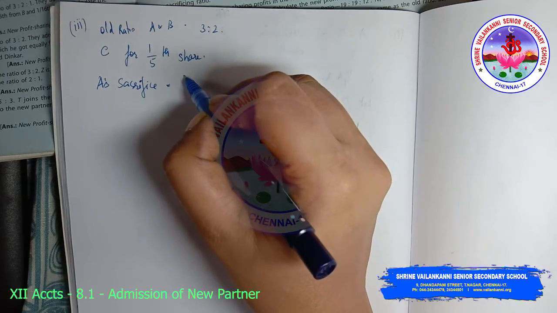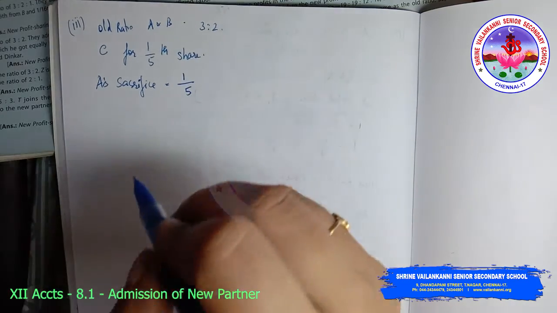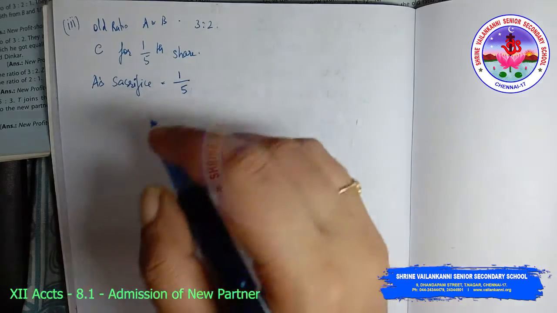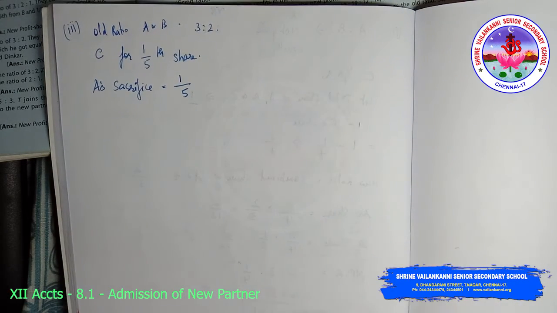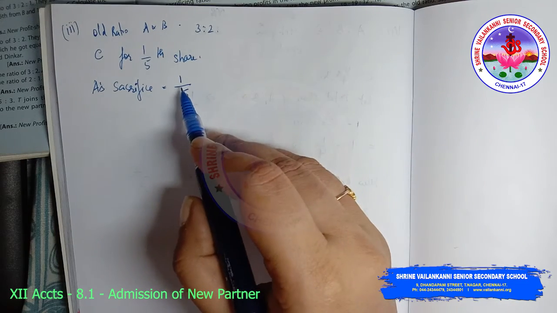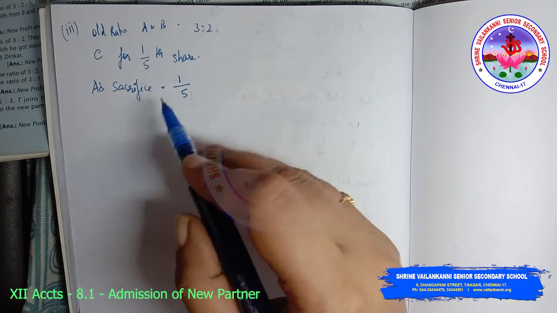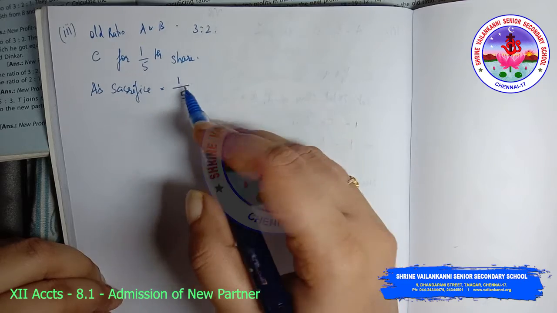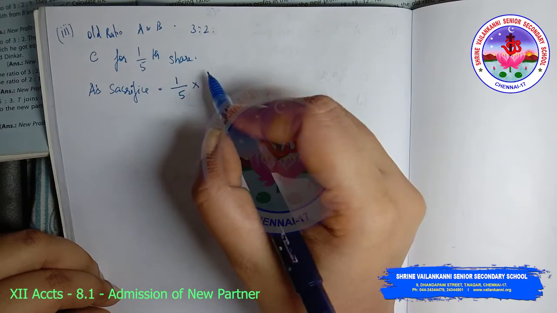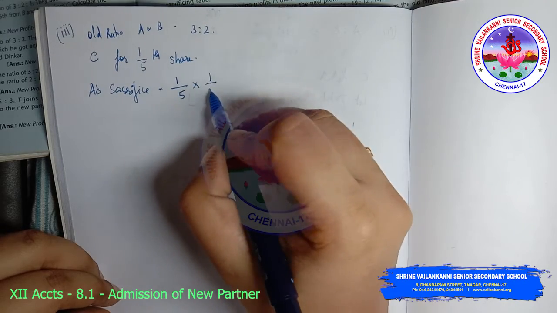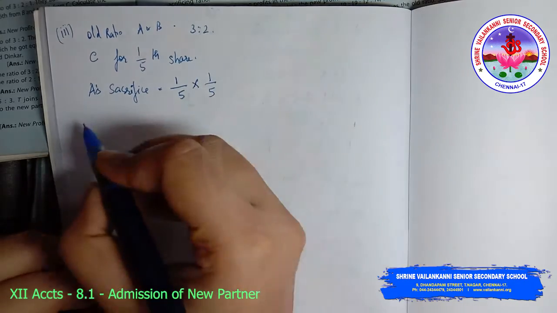They admit C for 1/5 share in profit. C acquires 1/5 of his share from A. So 1/5 into 1/5. Okay.